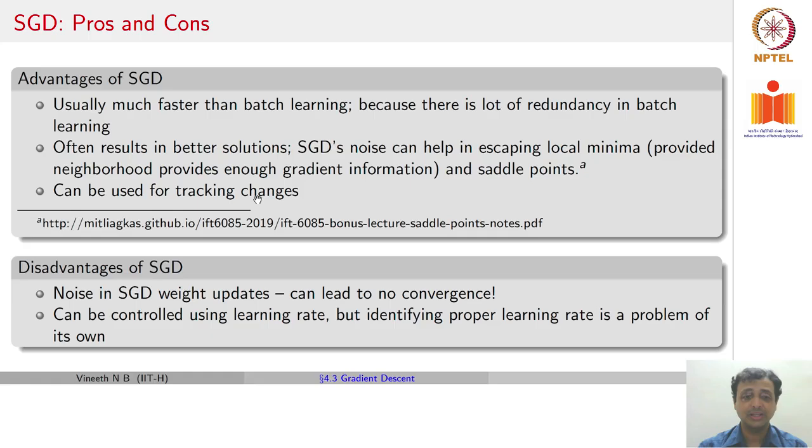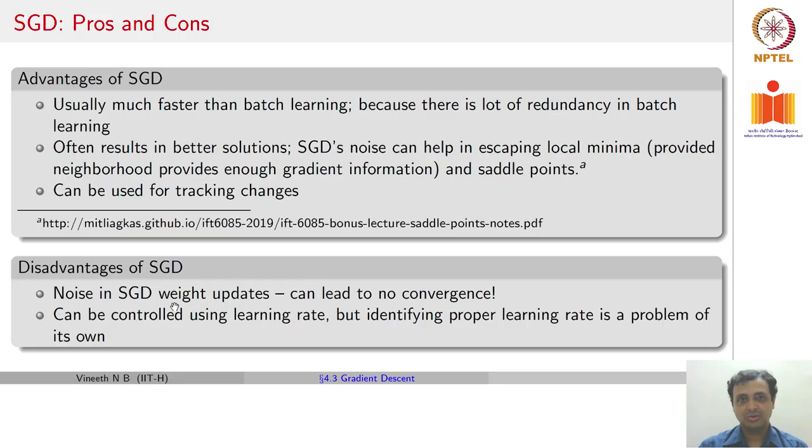What about disadvantages? The disadvantage of stochastic gradient descent is that the noise in stochastic gradient weight updates can lead to no convergence. Remember, as we said, because of the complexity of the error surface, where you initialize your weights is very important as to which local minima you converge to.